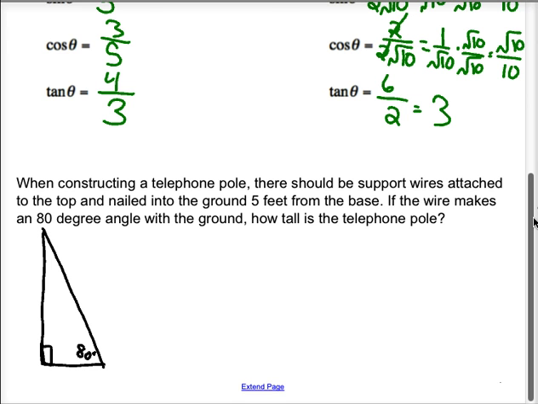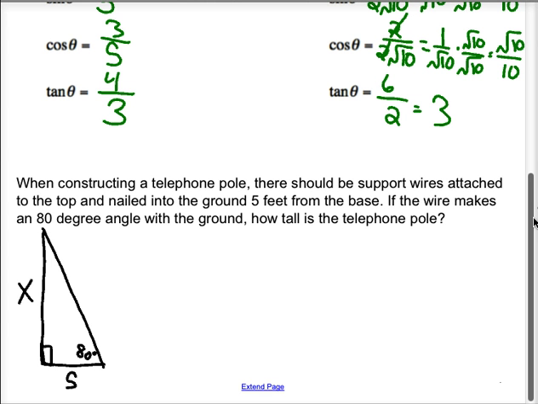The problem tells us that it's making an 80-degree angle with the ground, and that you want it nailed in 5 feet from the base. And we want to know, how tall does it make that telephone pole? All right, so we want to solve for x.